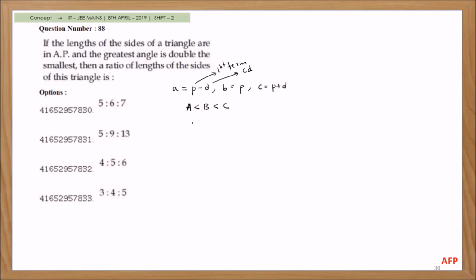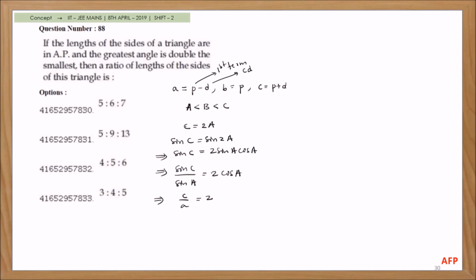The greatest angle is double the smallest angle. So sine C equals sine 2A, which you can write as 2 times sine A cos A. This implies sine C divided by sine A is 2 times cos A. Now according to the sine rule, you can write this as small c divided by small a, and by the cosine rule, cos A is (b square plus c square minus a square) divided by 2bc.